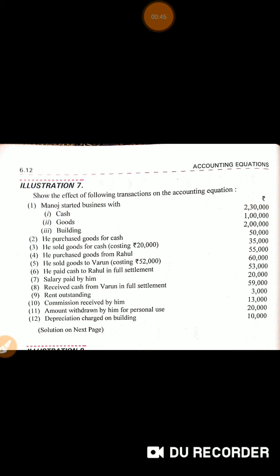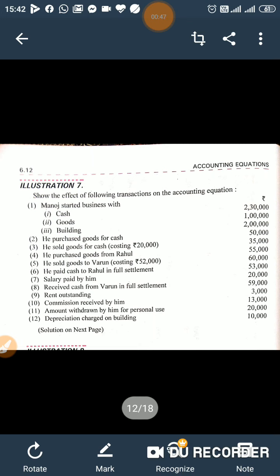This is the accounting equation. Our concern in this chapter is to show that every transaction follows this accounting equation. It is true in every situation. In every transaction, we can present it in the form of the accounting equation.